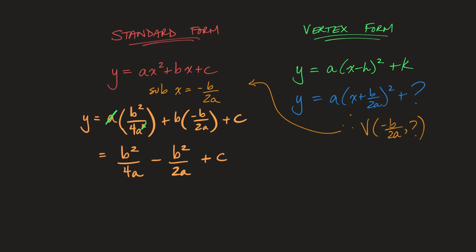I'm going to put in one more line. I'm going to get my common denominator between the first 2 terms. That means I don't have to change my first term. My next fraction I would have to double. So if I multiply my bottom by 2, I need to multiply my top by 2.